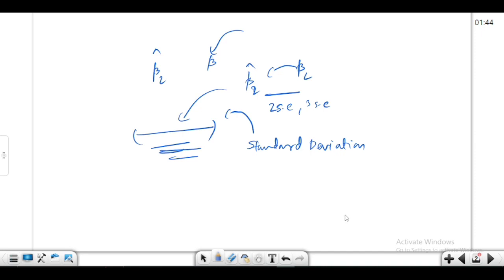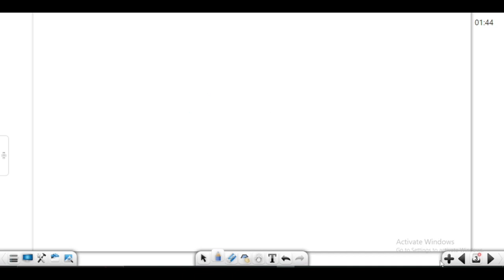So to check how close beta 2 hat is to beta 2, okay, we try to find out two positive numbers, delta and alpha, okay.